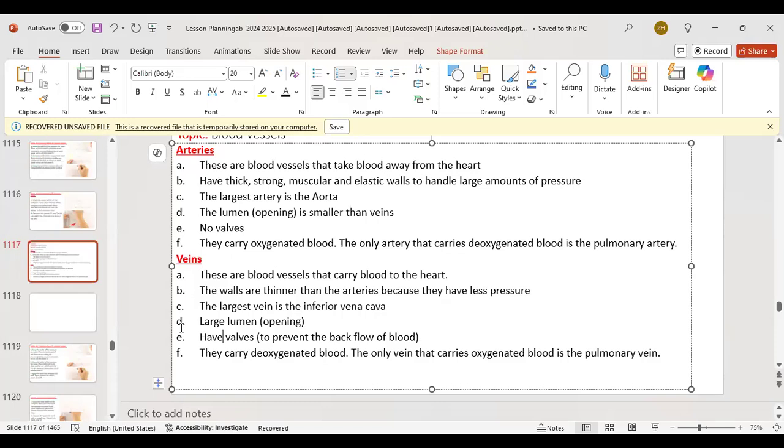All veins carry deoxygenated blood. False. That's a trick question. False.